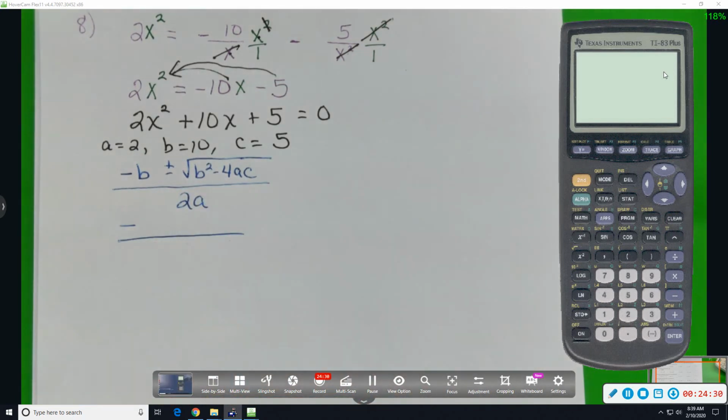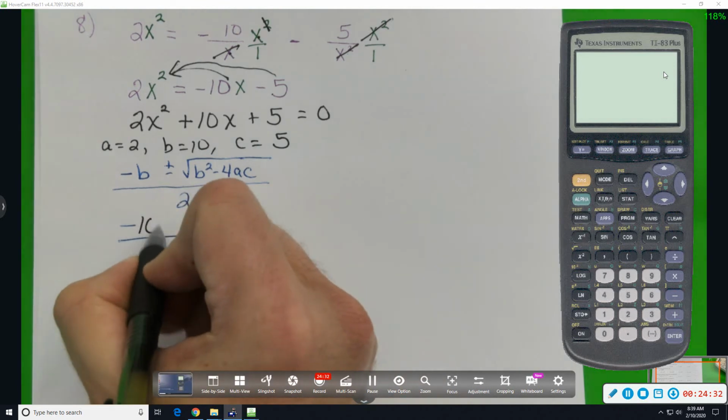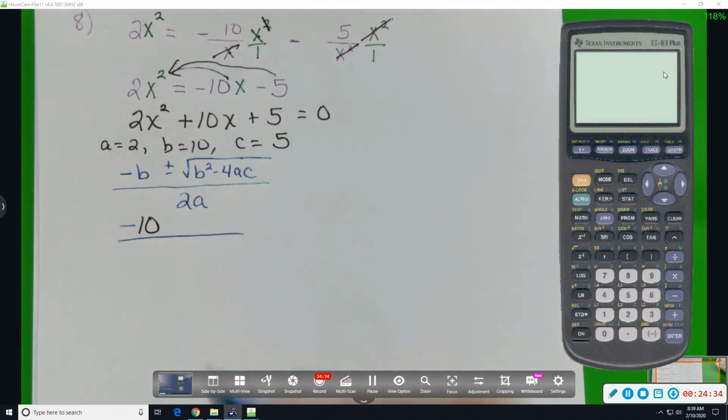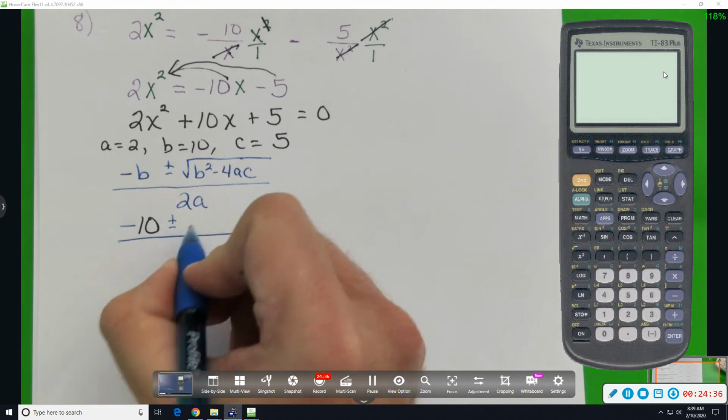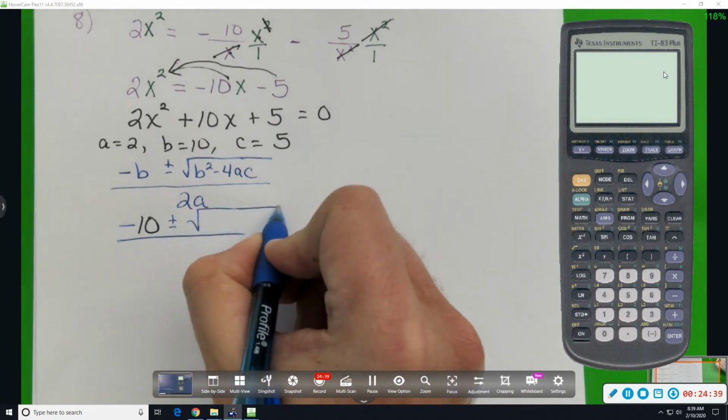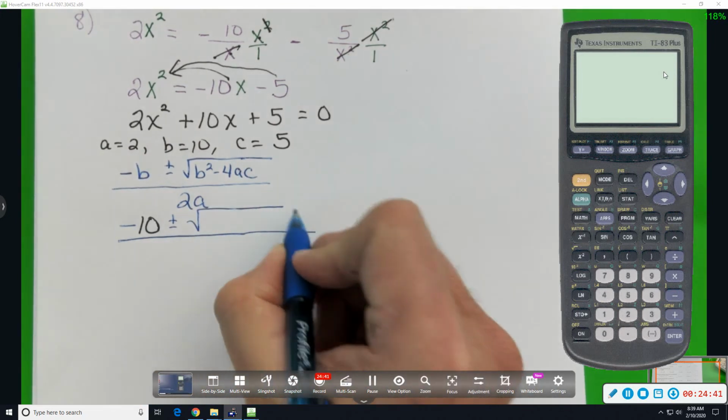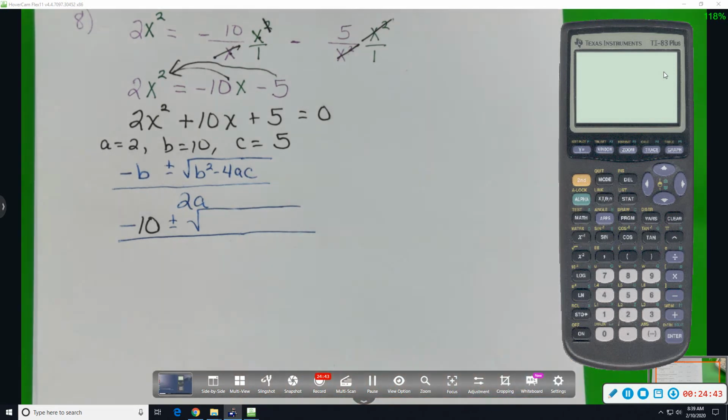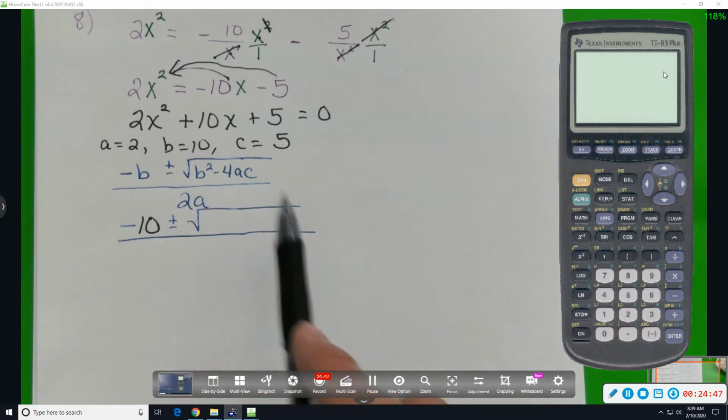So negative 10 plus or minus the square root. The b squared and the 2a I either do in my head or with a calculator, but I don't show that as a step on the formula.